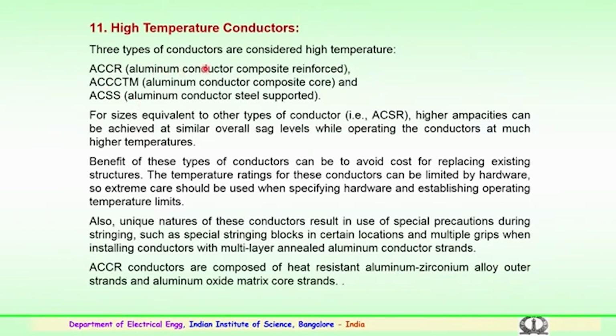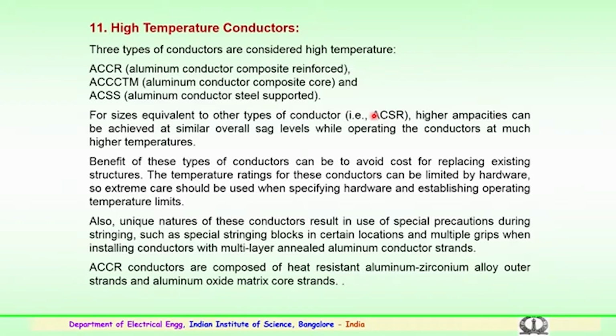ACCR, that is aluminum conductor composite reinforced, aluminum conductor composite core, and aluminum conductor steel supported. So, these are the three different conductor types in high temperature conductors.